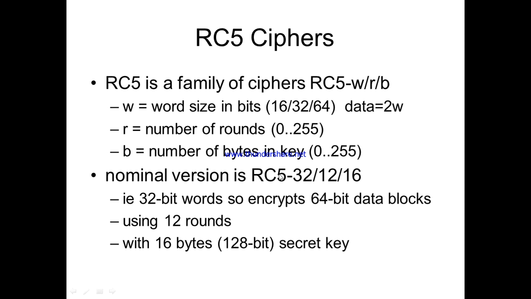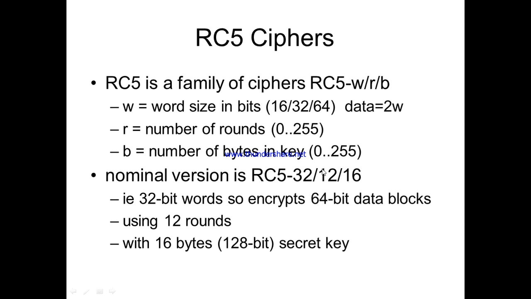So what are the nominal versions in RC5? That is 32, 12 and 16. Nominal version means the standardized version that we are using. A 32-bit word, so that encrypts 2W, right? So word size is 32, and 2W means a 64-bit data block.